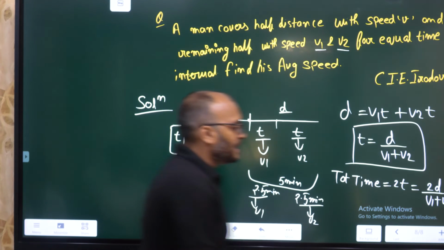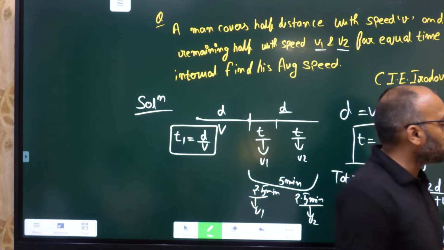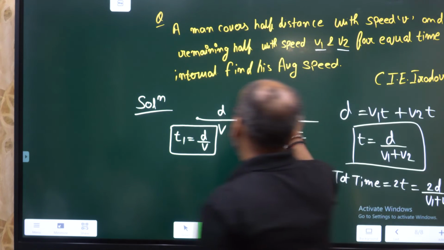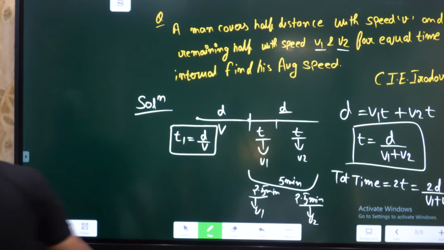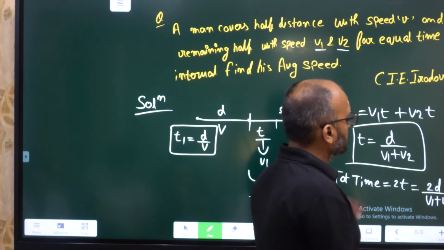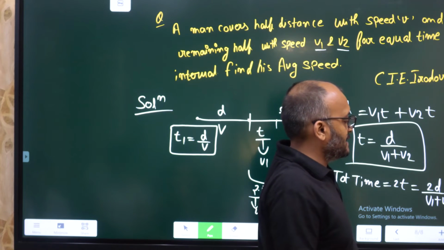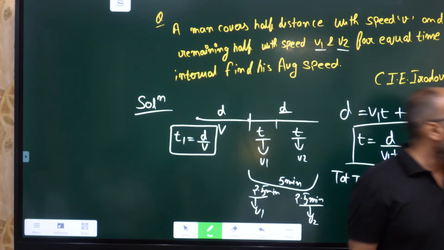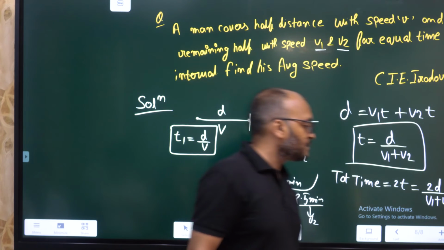Shireen, can you tell me what is the total time taken by the body to cover this half distance d? What will be the total time?